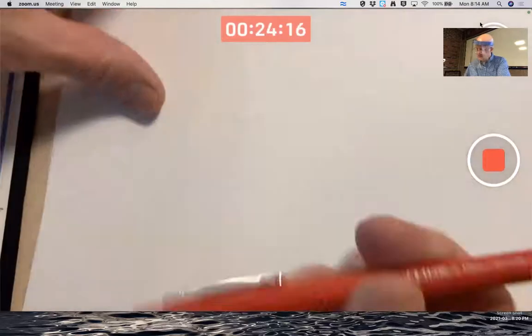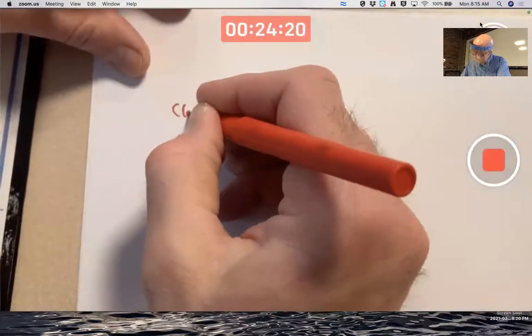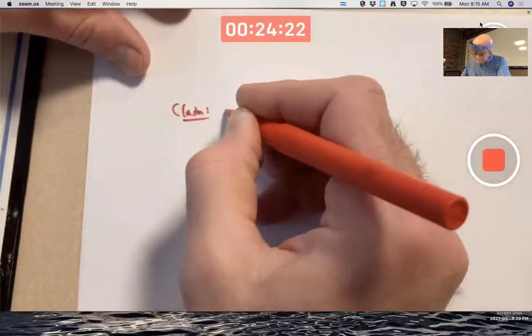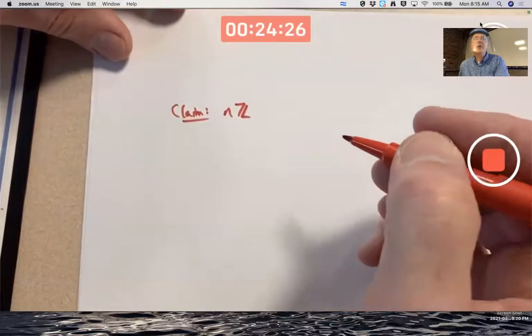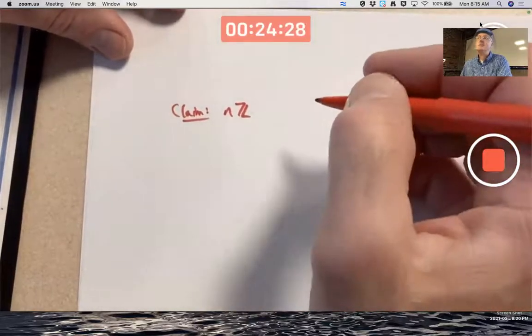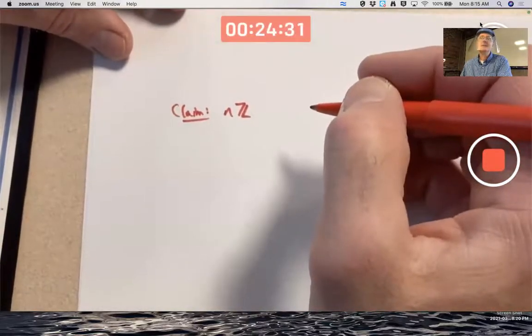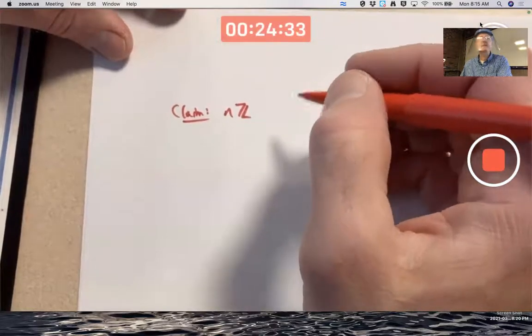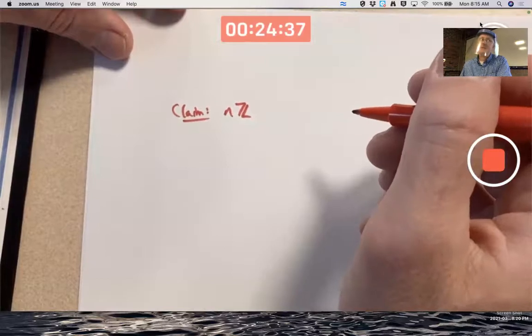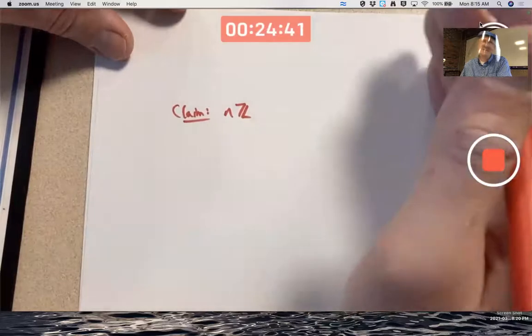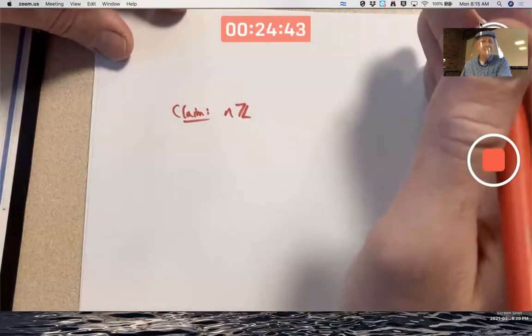The claim: nZ, which represents all multiples of the integer n, and would be the same as the ideal generated by n, the principal ideal, and also the same as the cyclic subgroup generated by n. But remember, principal ideals and cyclic subgroups don't typically match.